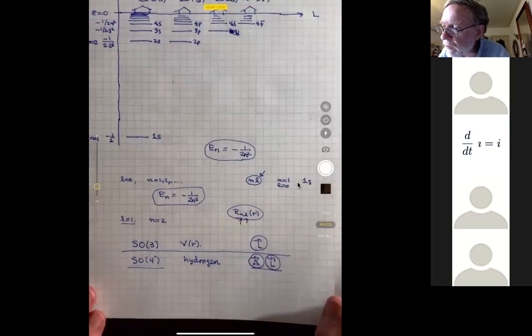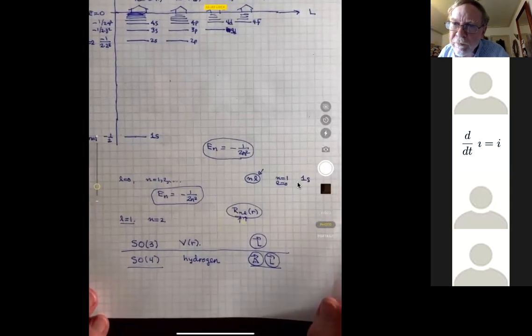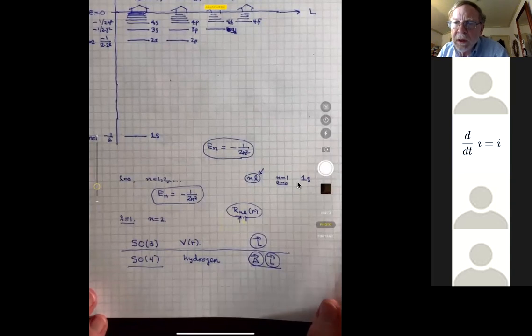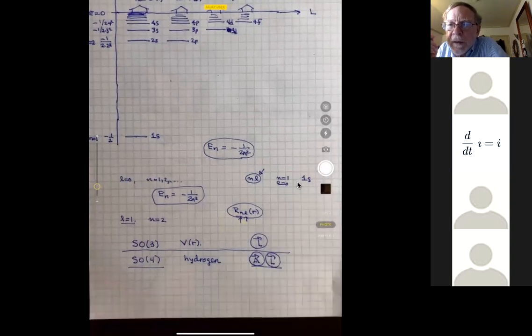By the way, the volume effect is very small for hydrogen. Although it's played some role in recent research. I didn't prepare this before coming in tonight, but it was like a year ago, it was in the news. People were using the volume effect to compare predictions of quantum electrodynamics with observations, and one had to take the volume effect into account.